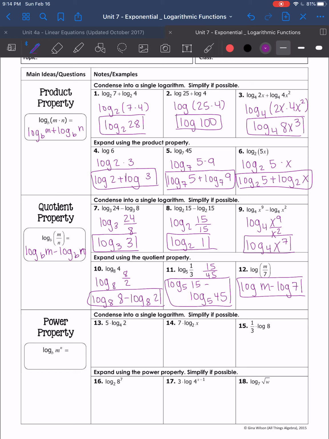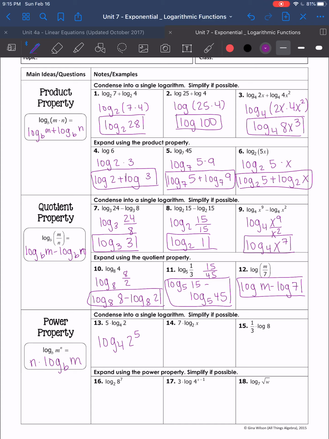And then the power property, if you have a base of b, and then you have m, and then you're taking it to the n power, you can do n times log base b of m. So if I wanted to condense this into a single logarithm, I have 5 times log base 4 of 2, so I can do log base 4 of 2 to the 5th.